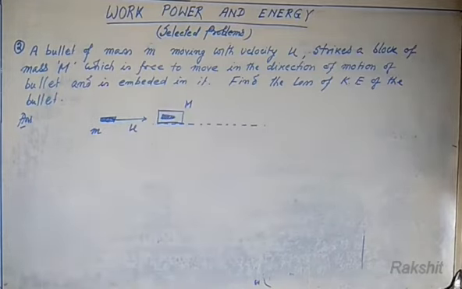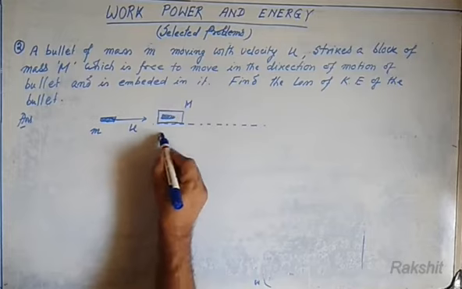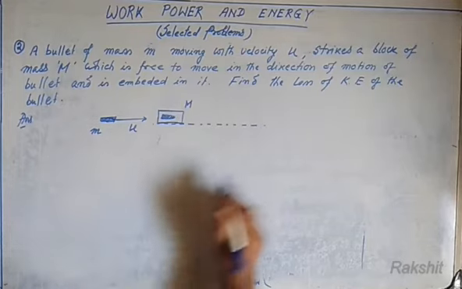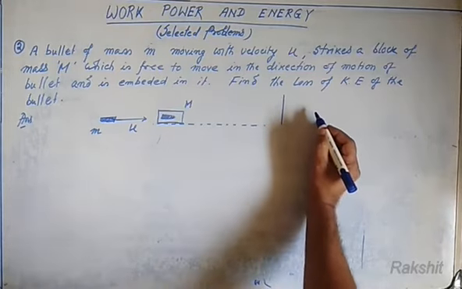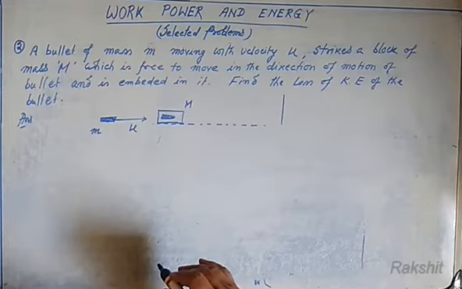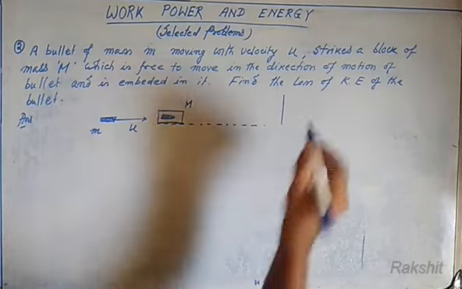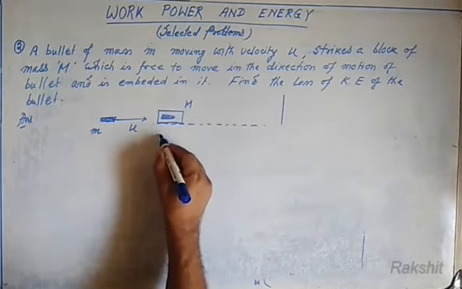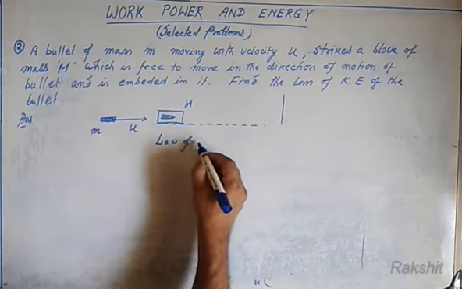Now, to solve a problem, you have to go through the formulae. In case of work or energy, the conservation of linear momentum formula is more fundamental. So we first apply the law of conservation of linear momentum.